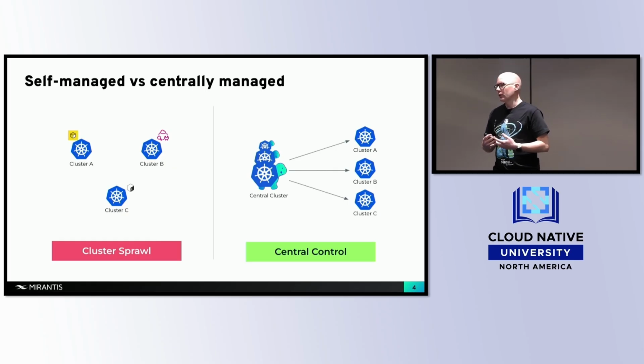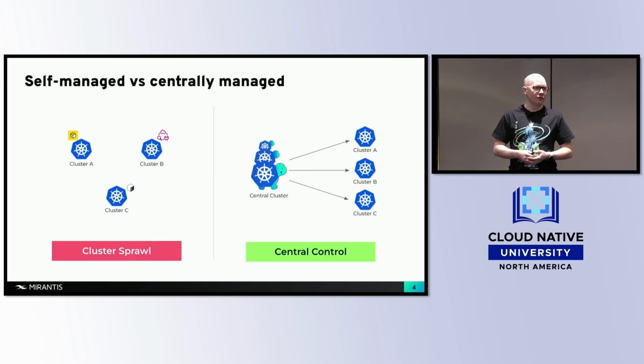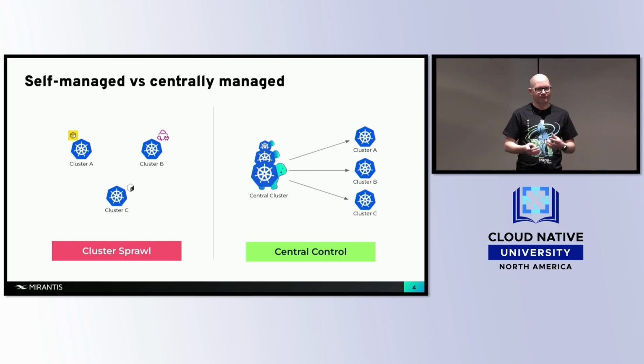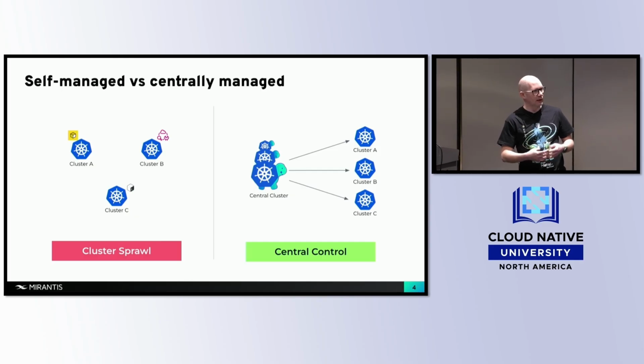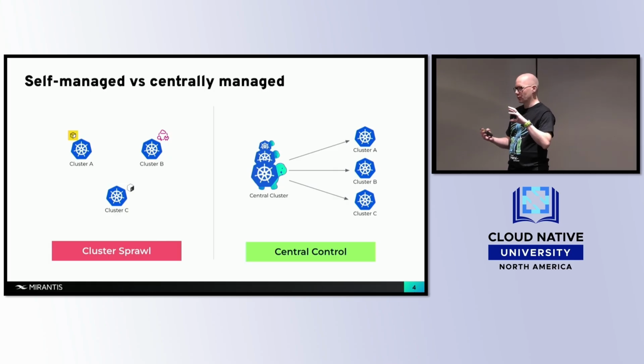But especially if you're looking into managing multiple clusters on multiple different infrastructure providers, multiple different cloud providers, things get spicy very quickly. Because different environments probably require different sets of tools, at least different flavors of the tools, and you get this kind of what we call cluster sprawl in a way.